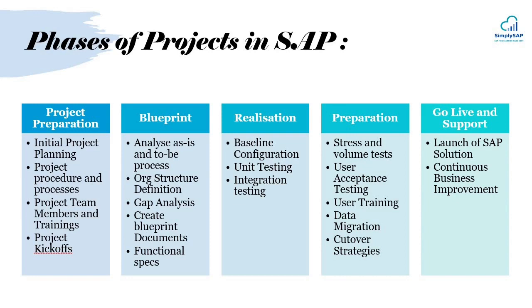The system is made available to end users and support processes are established to handle any issues or questions that arise. Ongoing support and maintenance activities continue after the project is completed. So this was all about the phases of projects in SAP.